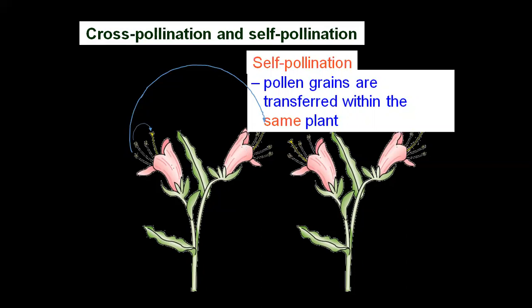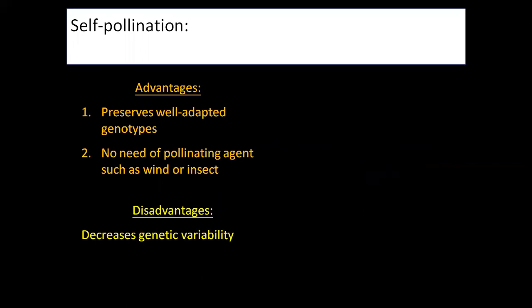Now, an advantage of self-pollination: it preserves well-adapted genotype. Genetic variability is less in self-pollination. So if the parent has a well-adapted genotype, or a good character, that will remain the same, that will be preserved, no changes will come.